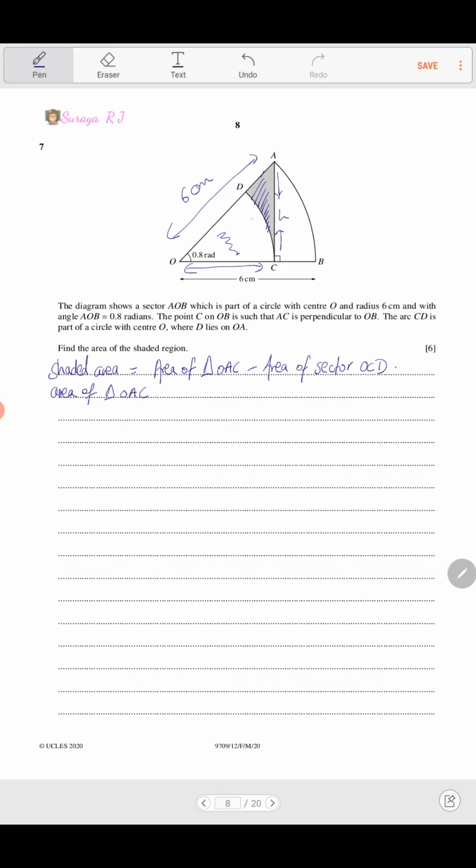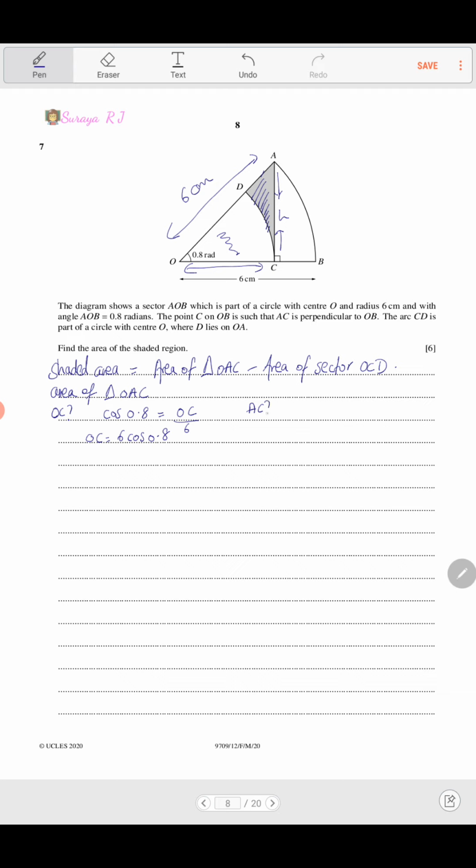So these two are unknown. We have to find OC and AC. For OC, we can use cos 0.8 equals adjacent over hypotenuse, which is OC over 6. Therefore, OC is equal to 6 cos 0.8.